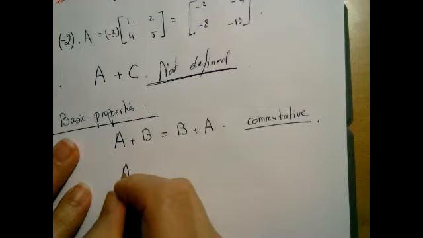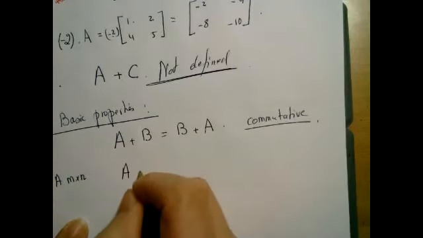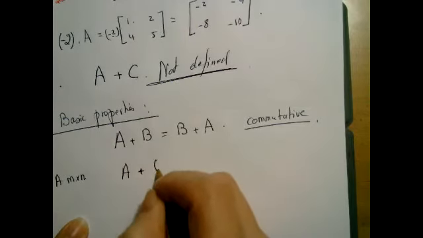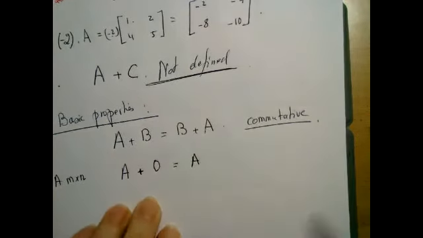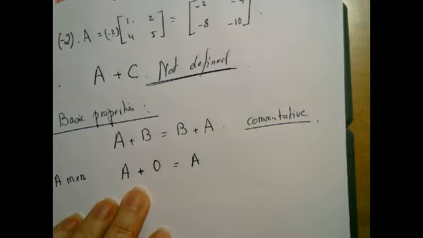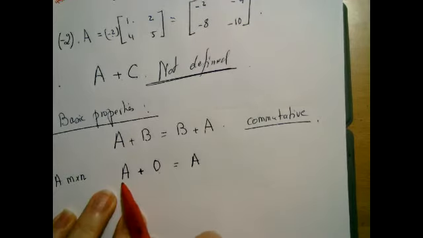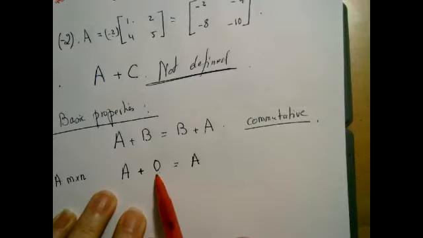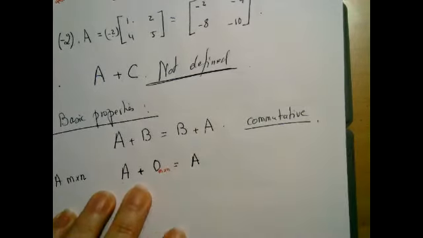Another property is, suppose A is m by n. I take A and add it to the 0 matrix, and it is equal to A. But here we have to be careful. What do I mean by 0 in here? Every time you write something, you have to know what you're writing. That's a matrix. What I mean by that is the 0 matrix, the m by n 0 matrix.